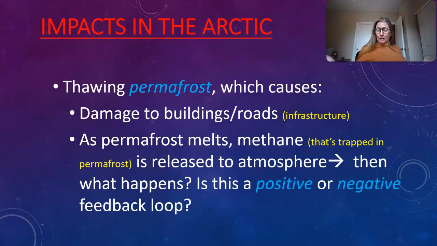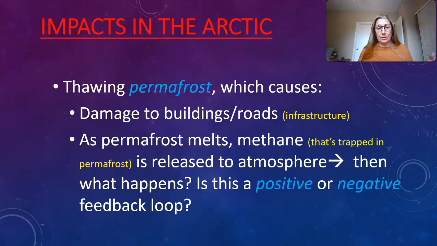There's two types of feedback loops, positive and negative. And this one is a positive feedback loop. Positive in this case doesn't mean good. It just means we're pushing the system further in one direction. So think about this. The permafrost melts, and as it melts, it's releasing methane into the atmosphere.